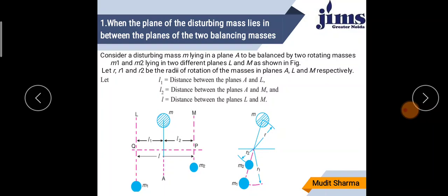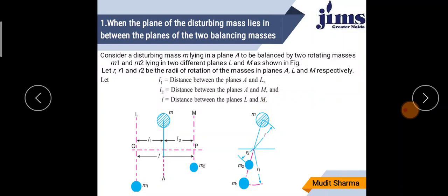Let small r be the radius of rotation for the mass in plane A, R1 the radius of rotation for the masses in plane L, and R2 the radius of rotation for the masses in plane M respectively. You can see in this space diagram r, R1 and R2. This is the disturbing mass, these are the balancing masses.